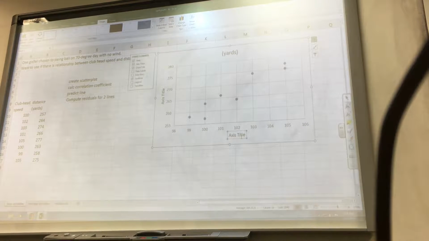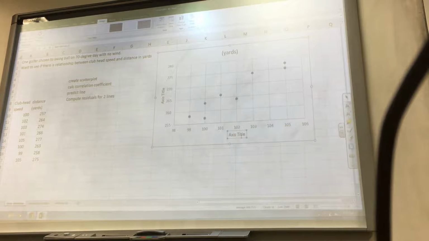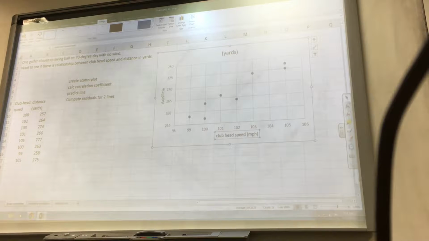Club head speed. So club head speed, and how is it measured? Miles per hour, that might be kind of useful, right? And Megan, what should I put over here on my vertical axis title? Yards. Distance in yards.